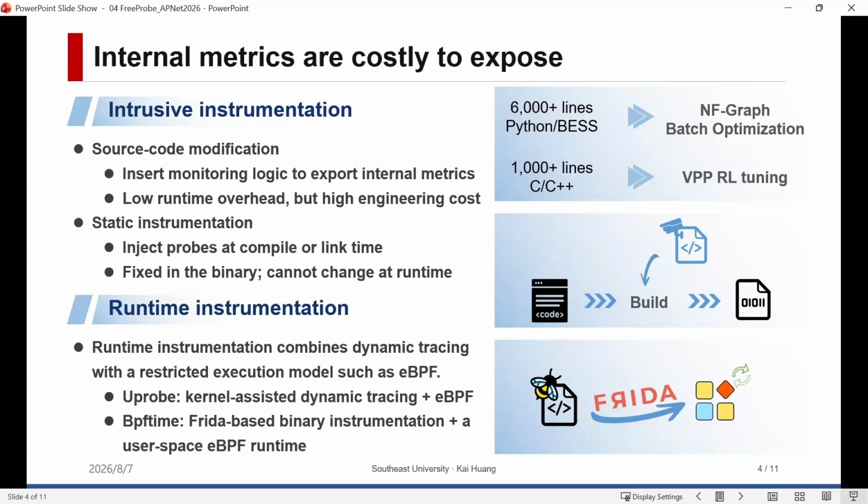Prior work needed more than 6,000 lines for an F graph, and our own VPP tuning work required about 1,000 lines. Runtime instrumentation is easy to deploy using uprobe or BPF time, but the interception path becomes expensive for microsecond-scale functions.